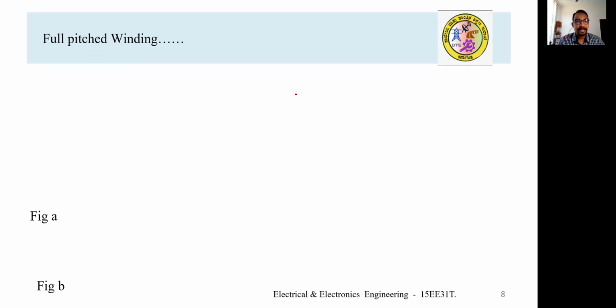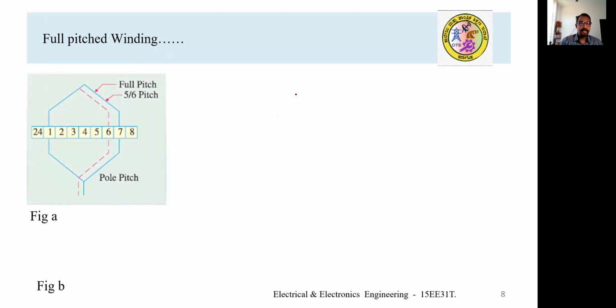Let us take an example of a full pitched winding. Observe here. Don't concentrate on the dotted line; we concentrate only on the thick line. This shows a full pitch winding. Imagine there are 24 slots and it is a 4-pole machine.